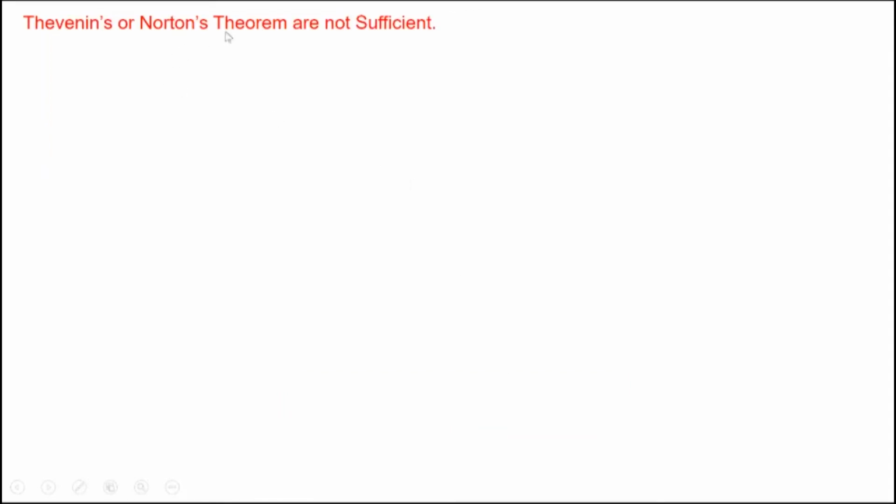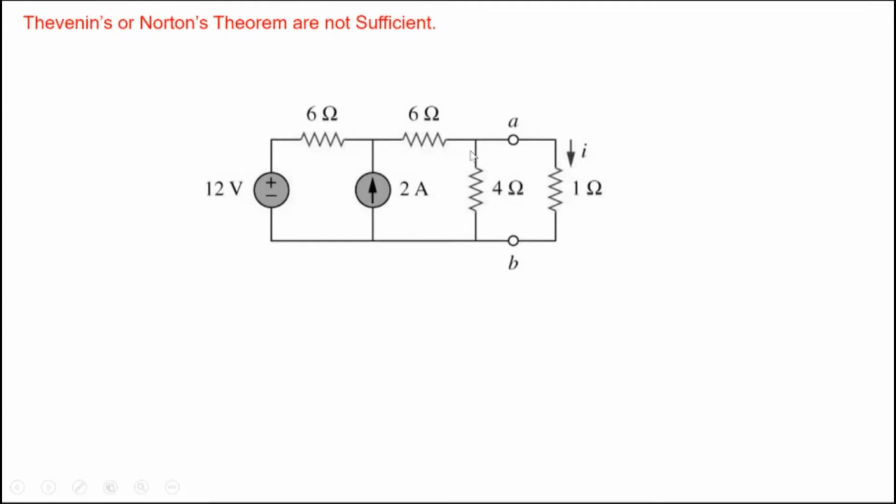All right, but Thevenin's and Norton's theorems are not sufficient to cope with the complexity. As an example, let's say I have a circuit like this, and I'm not interested in just this current here, but I'm interested in both, let's say, on this side and this side also. And therefore, what I would like to do is, this is a simple case, I would like to represent this in a different form.